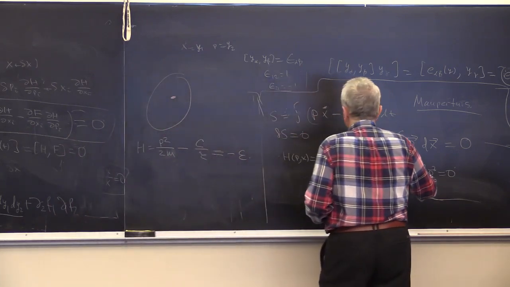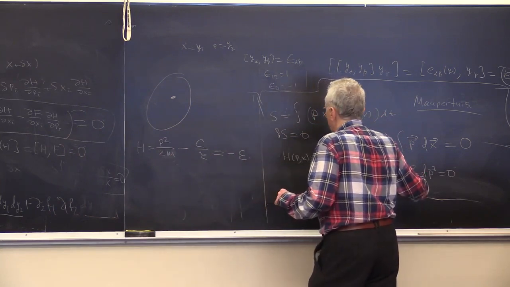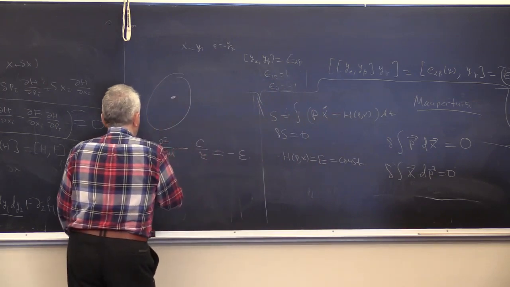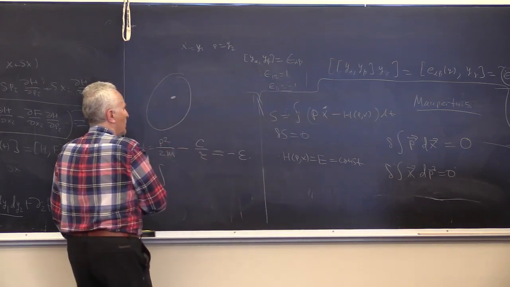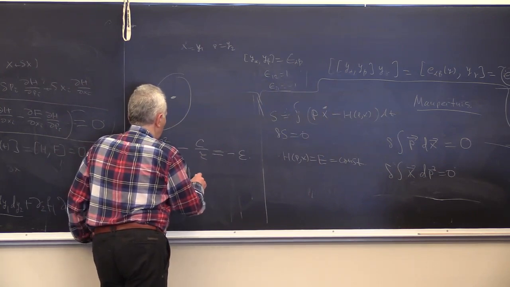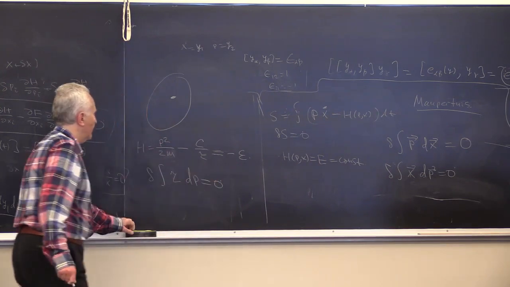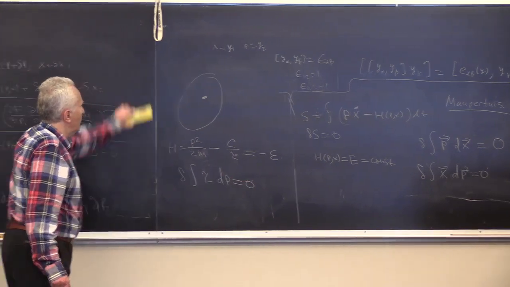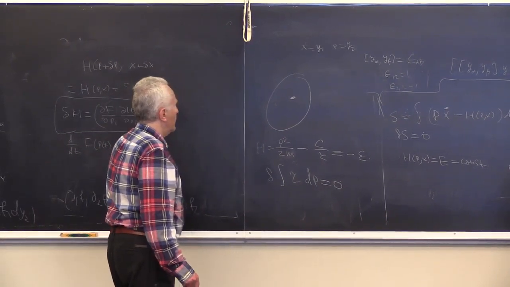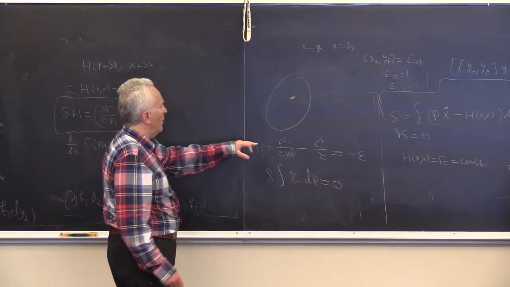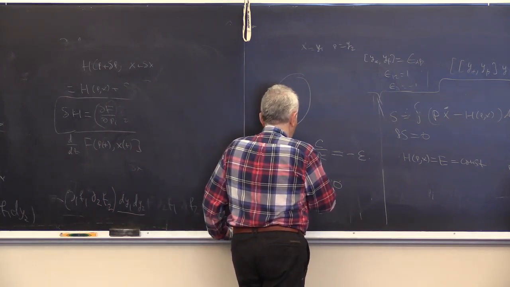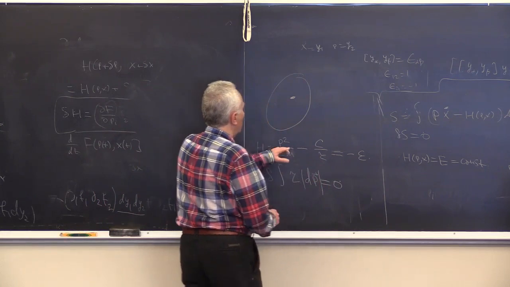Now, it's easy to see that when this thing moves, dp and dx are parallel. So the variational principle which we should use is this one. Okay, and now what is R? R should be expressed in terms of P.